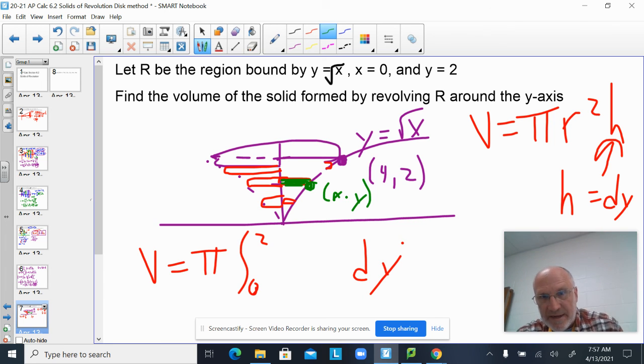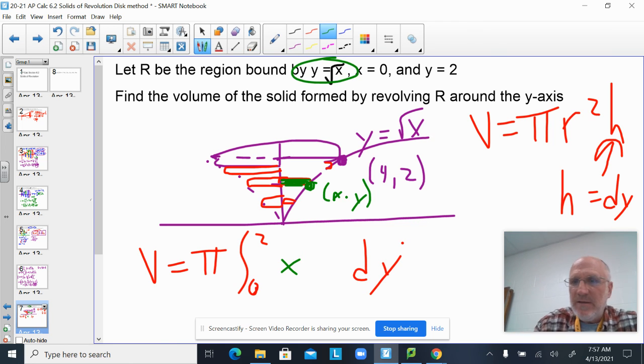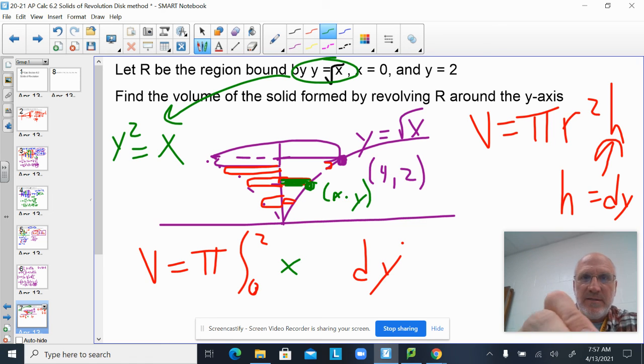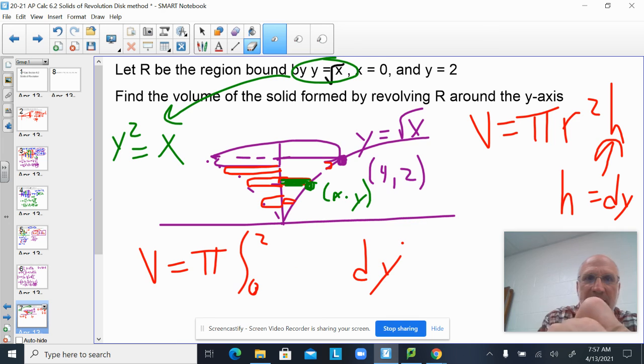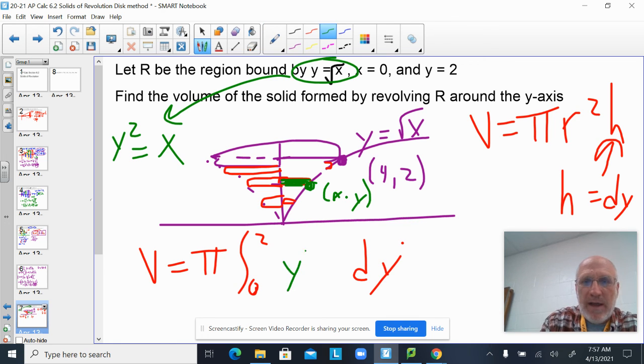So whatever the x coordinate is, that is the radius. So the radius is x. I don't want to put x in here because I'm doing this whole thing in terms of y, so I want to know what that is in terms of y. Notice this function up here, y equals root x. I may need to solve that for x. If I just square both sides, this becomes y squared equals x. So the x coordinate is my radius, but I need it in terms of y. So that turned out to be y squared.